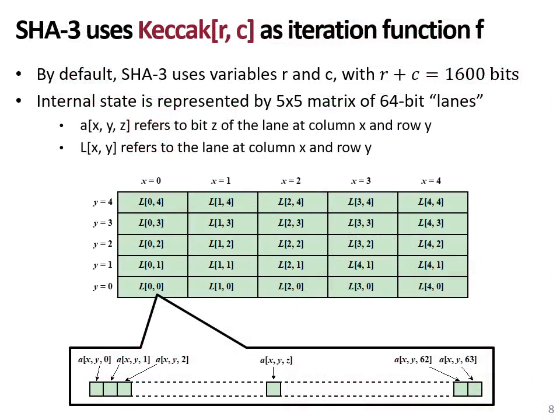Now we are missing just one final piece of the puzzle, namely, how does the iteration function f work? Before I explain how the function itself works, let's take a look at how it represents the internal intermediary state that is transformed and combined with each block P. The internal state is represented by a 5x5 matrix, where each element in the matrix is 64 bits.